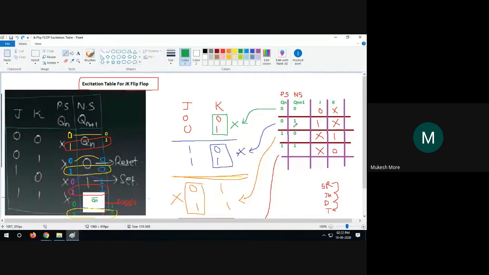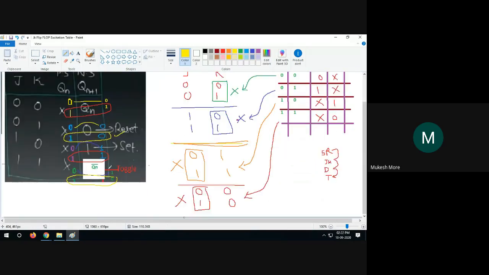Okay. Now we will take the third combination. Present state is 1 and next state is 0. So you can see this. This is the present state 1 and next state 0. Also we have at the end present state 1 and next state 0. Then what are the inputs? J is equal to 0, J equal to 1 and K is equal to 1 0.